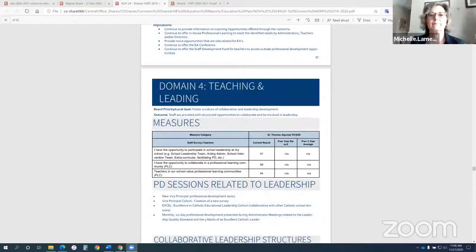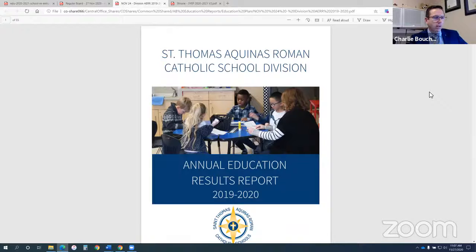Yes. Okay, so there are two documents that we're looking at here today. So the first is the annual education results report. So again, this is a new process for us as a division. We have to approve at this meeting an annual education results report and an education plan. So we'll start with the annual education results report.